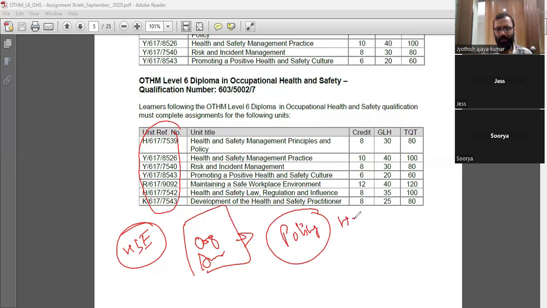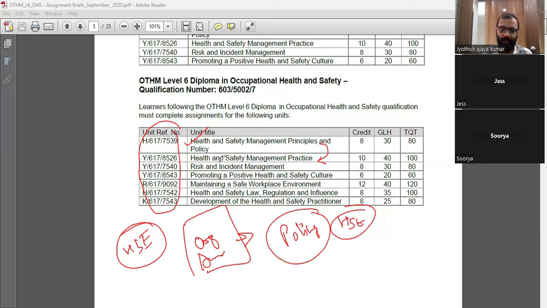HSE policy would be the start of everything, because that is the document where everything is mentioned. The management commitment would be mentioned. Management would sign and say, yes, these are all the things that we are targeting. We are targeting zero tolerance for accidents and all unsafe practices, and all those things would be mentioned in the HSE policy.